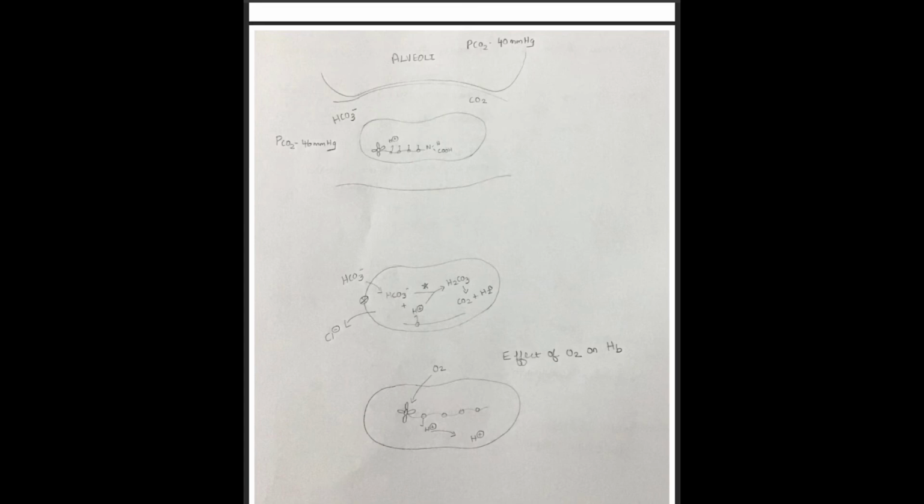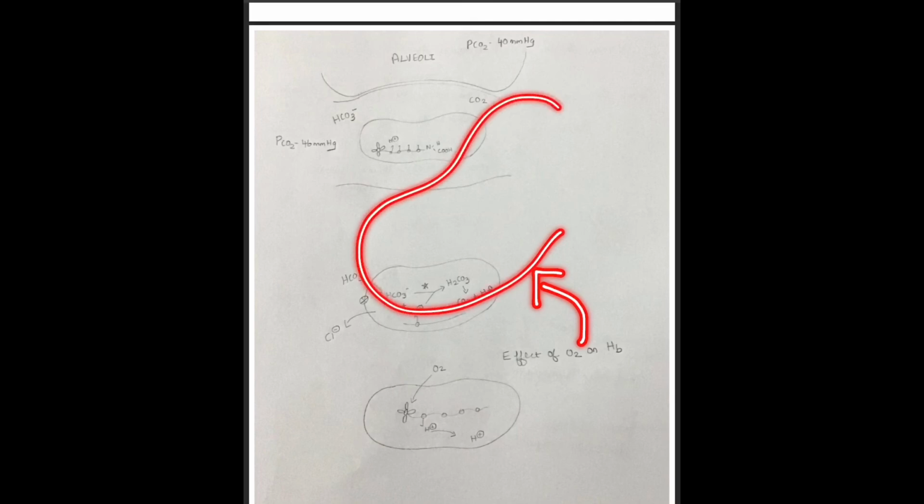In conclusion, when carbon dioxide from the tissue enters the RBC, the hydrogen ion will increase, and due to the increase in the hydrogen ion, the hemoglobin will attach this hydrogen ion to its hooks.